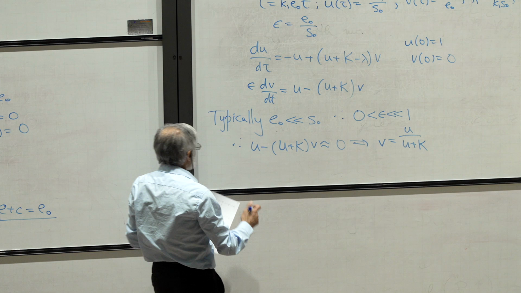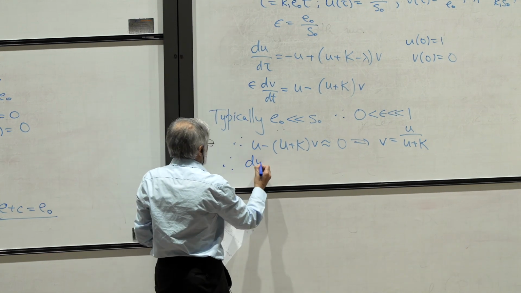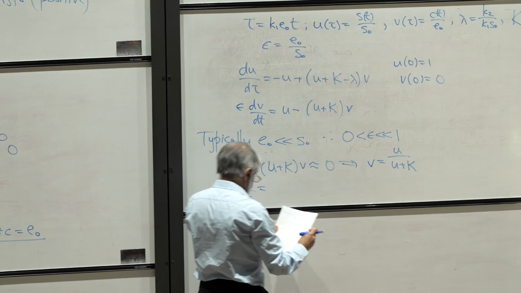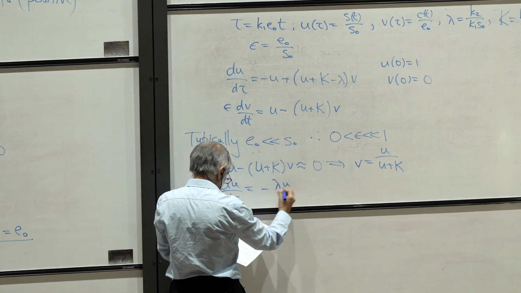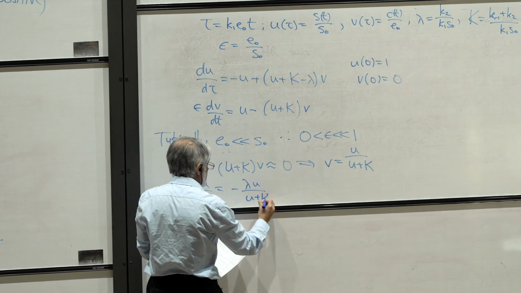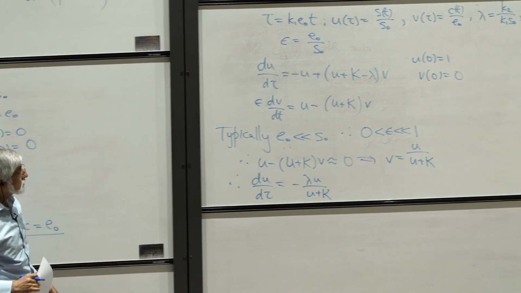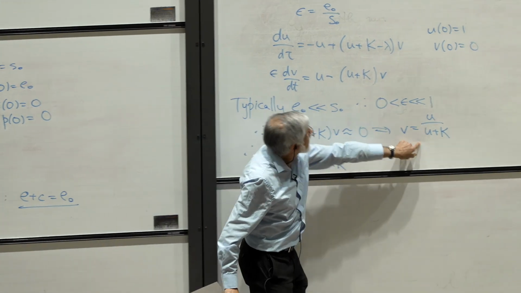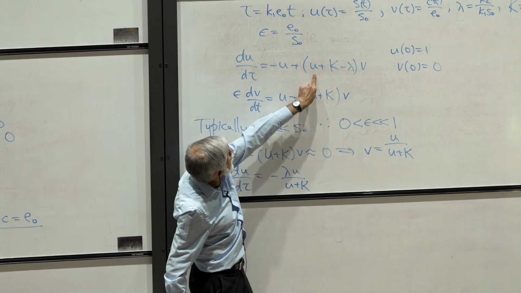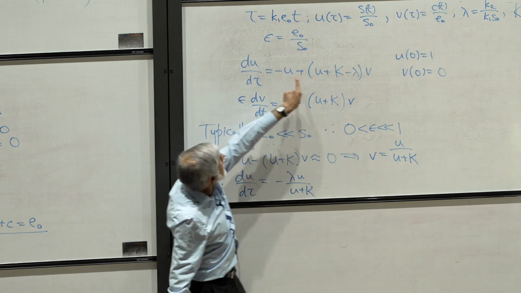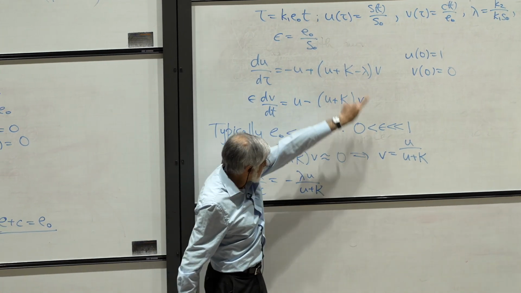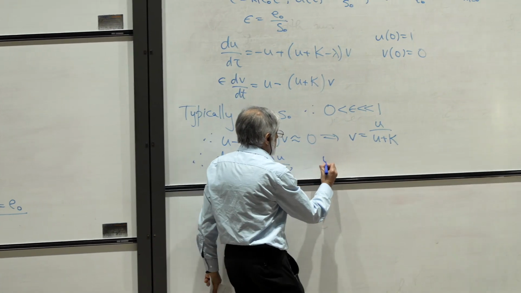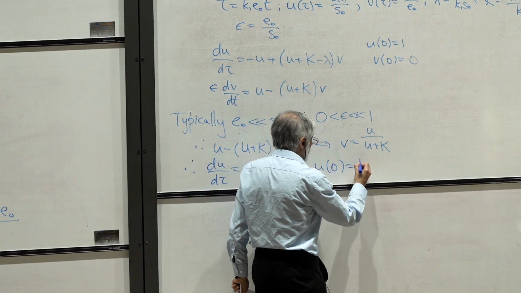And we're left with du by d tau equals minus lambda u over u plus k. Okay? Because putting that in here, that becomes a 1 times u, cancels with that, and we're left with the lambda. Initial condition, u of naught equals 1.